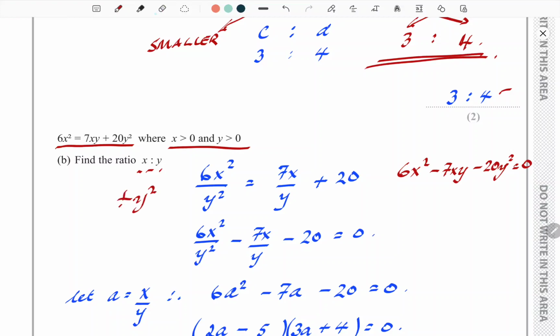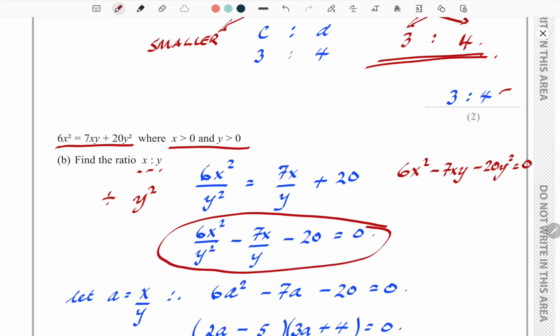Oh, that's a bit messy. Divide by y squared first, and then I've decided to move it around. So it does make a difference which way you do it. What you need to end up with is this expression here.